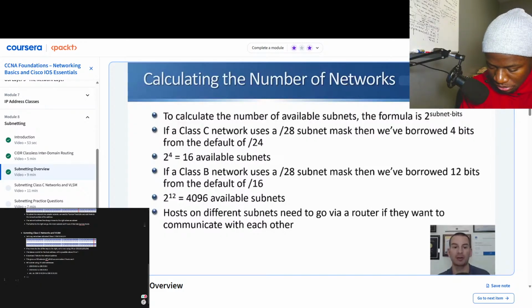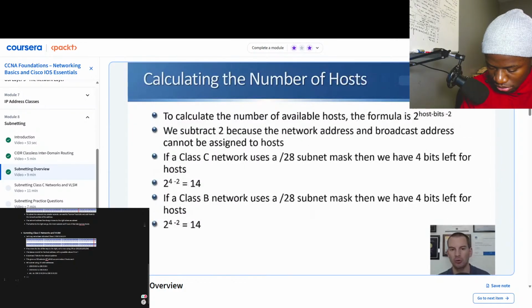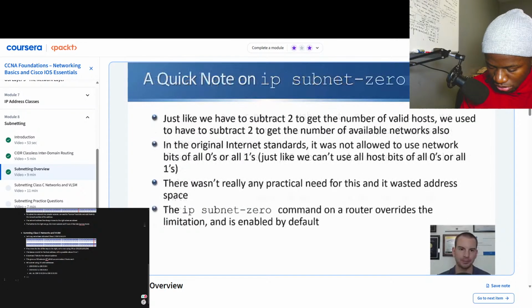For example, if we use a /28 with a class B, we're going to have 4,096 available subnets. If we use a /28 with a class C, we're going to have 16 available subnets. There's a difference there, but for the hosts, it's always the same.